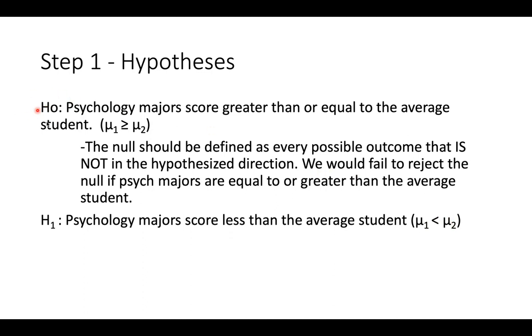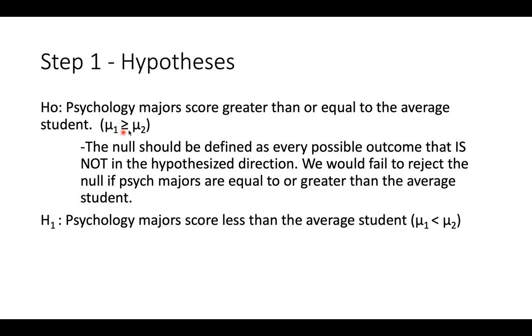Then we want to define our null hypothesis. The null hypothesis would be essentially every other outcome. There are 2 other possible outcomes: that psychology majors score greater than or equal to the average college student at the population level.